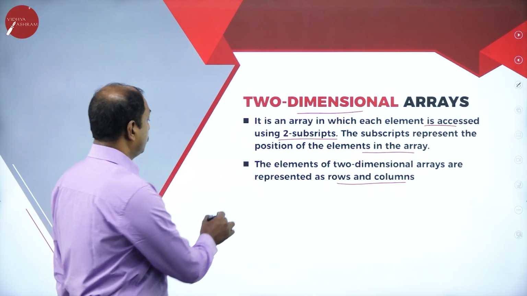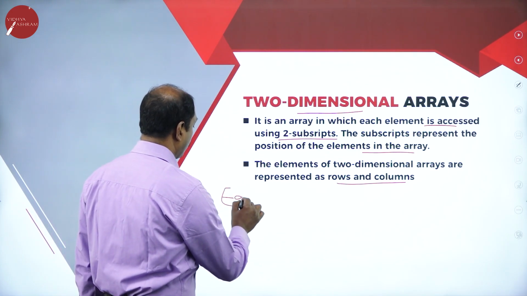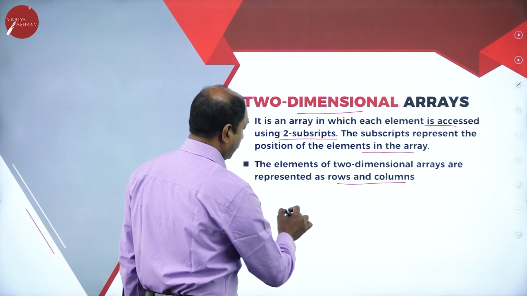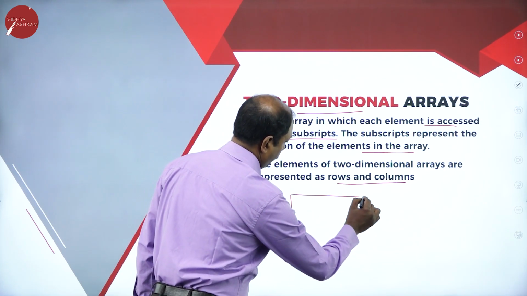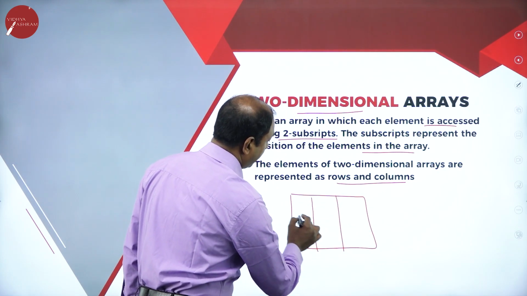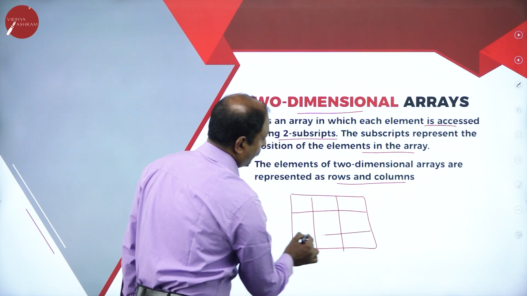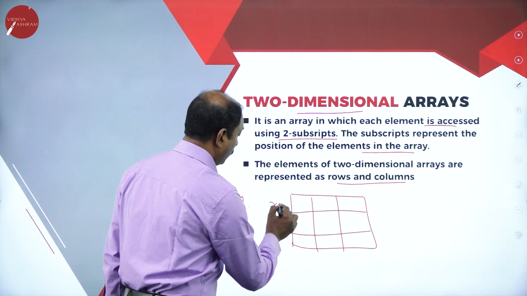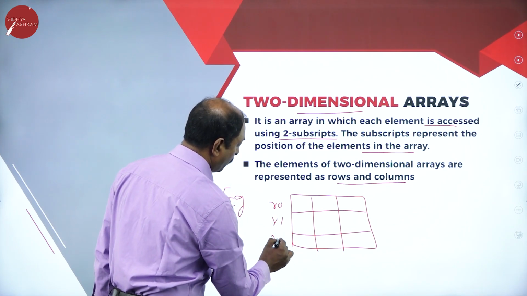For example, suppose we take an example like this. In this example, there are 3 rows. This is row 0, row 1, row 2.